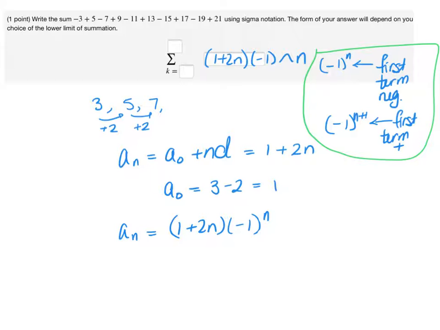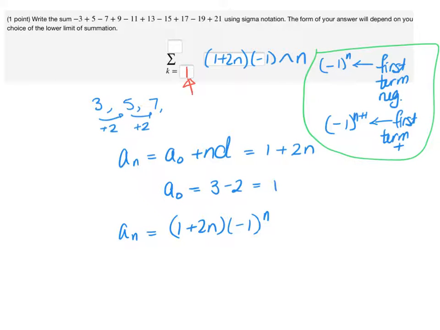We're going to start at -3. So I want my first term to be -3. What do I need to put in right here? One. So I'm going to start at 1.